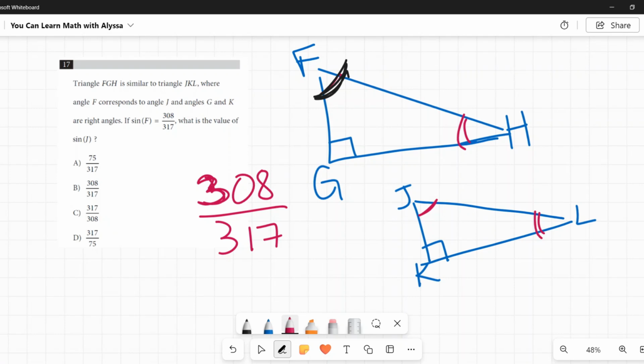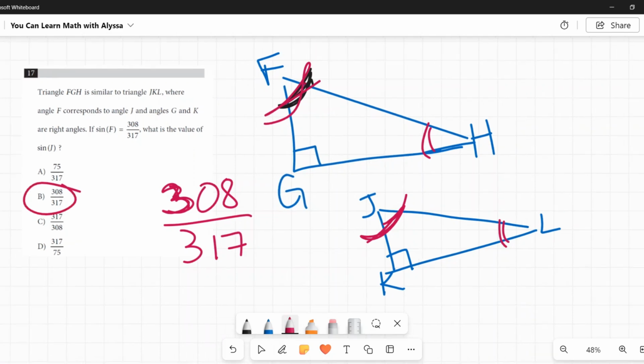But in this particular problem, they're telling you the sine of F, and they want to know the sine of J. It would have been the exact same situation if this had been cosine of F, and then what is the cosine of J? They're the same angle. Their trigonometric identities are the same. 308 over 317. That's B.